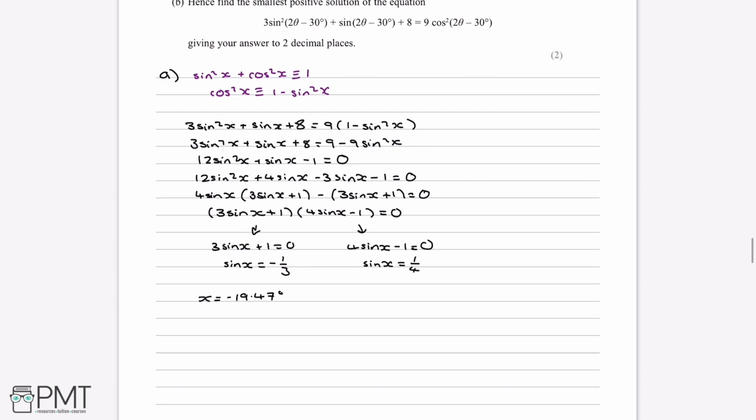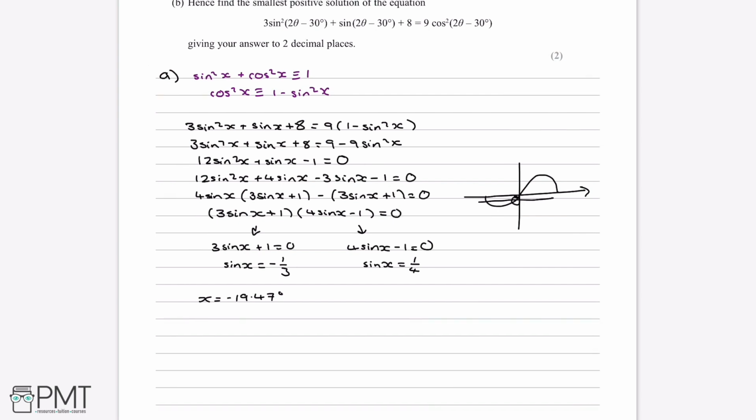However, if we draw a quick sketch of the graph of y = sin x, quite a messy sketch, we know that if sin x is equal to -1/3, there are two solutions here. This one is -19.47, and the other solution is here.